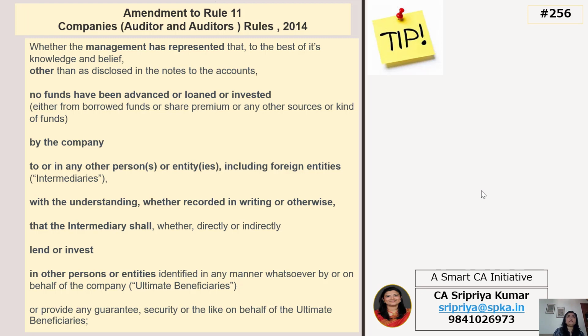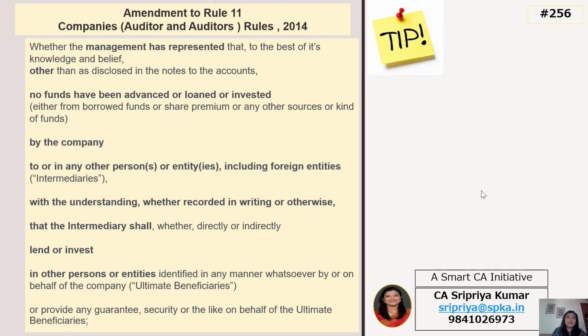So whether the management has represented that, to the best of its knowledge and belief, other than as disclosed in the notes to accounts, no funds have been advanced or loaned or invested by the company that you're auditing to any person, entity, or foreign entity, with the understanding that the intermediary shall lend or invest such sums in other persons or entities.